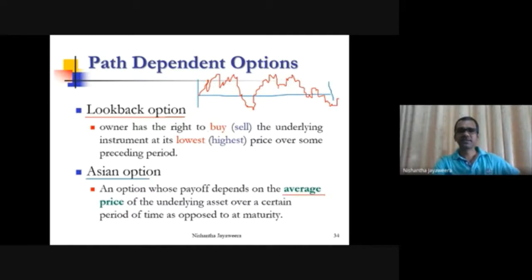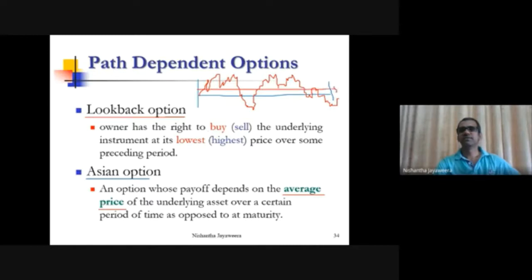It is the average price of the asset over the period. So daily you record the prices and calculate the average, maybe somewhere here.